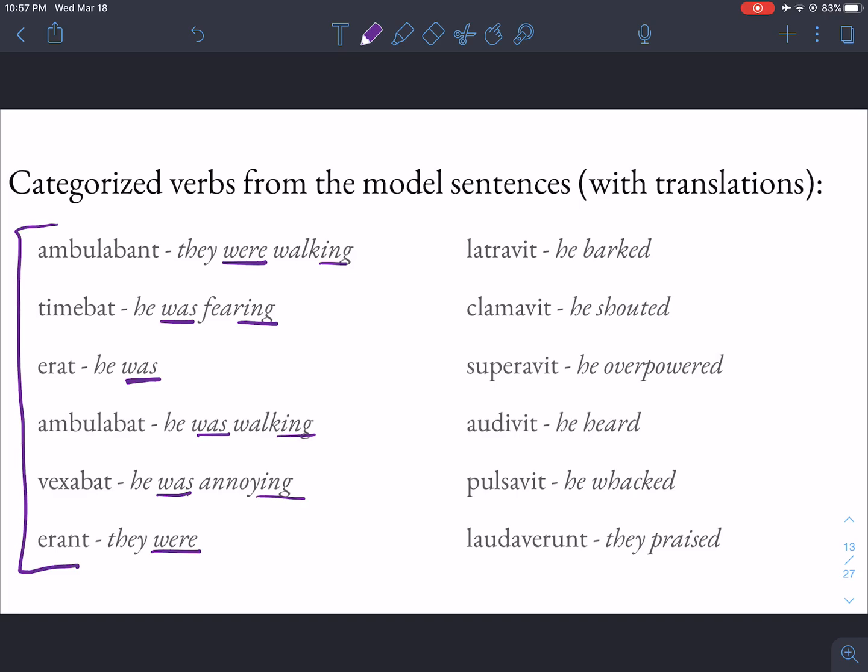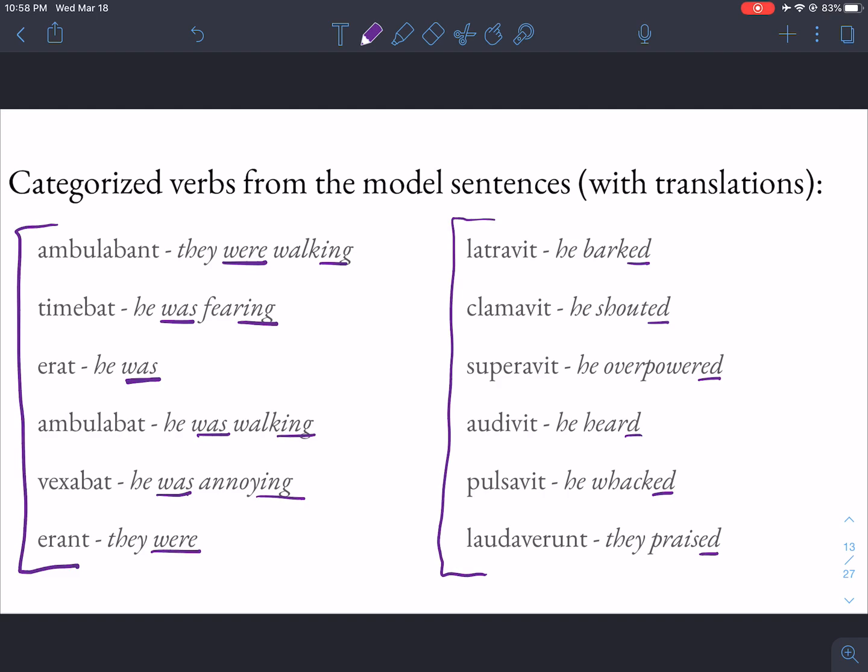imperfect tense. Now over here on the right side of the screen are translations. He barked. He shouted. He overpowered. He heard. He whacked. And they praised. Now think about how these sound.